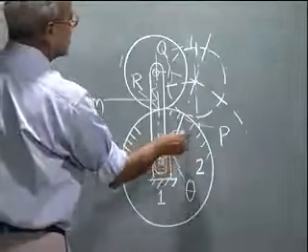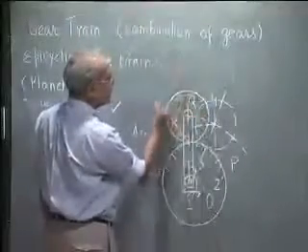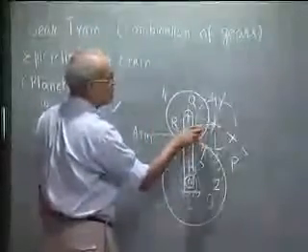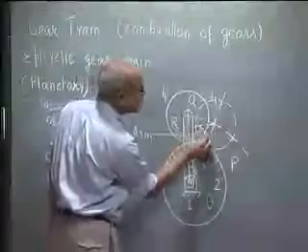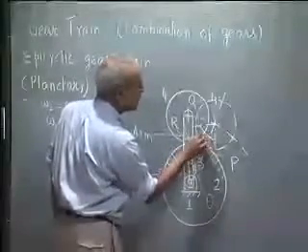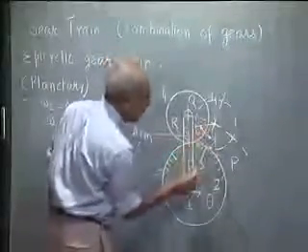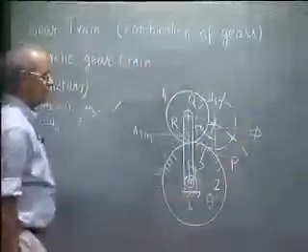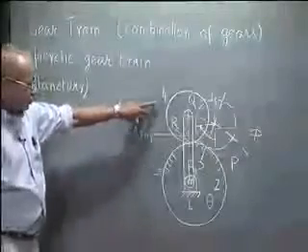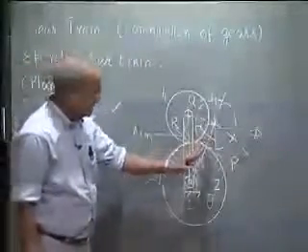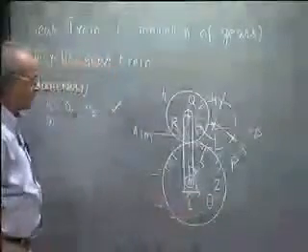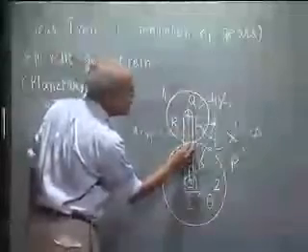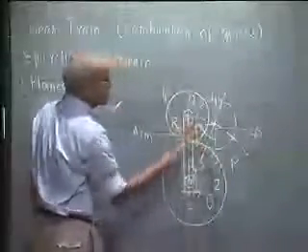Theta is the rotation of the arm, and what is the rotation of gear number 4? This vertical radius has become this, so the total rotation of this is so much. Phi is the rotation of body 4, theta is the rotation of body 3, and body 2 is held fixed. Because these are pitch circles, one rolls over the other without slip.